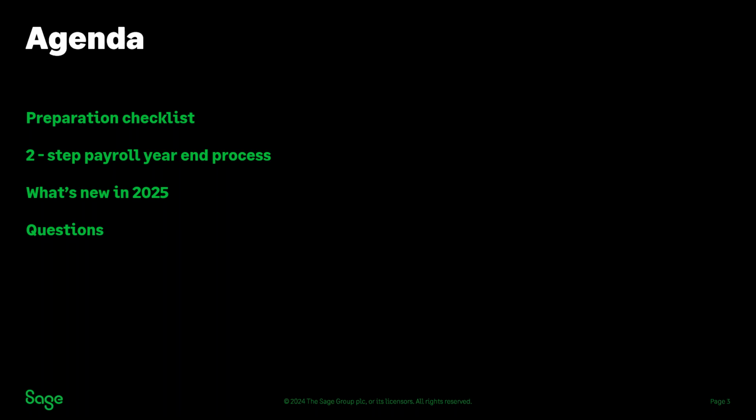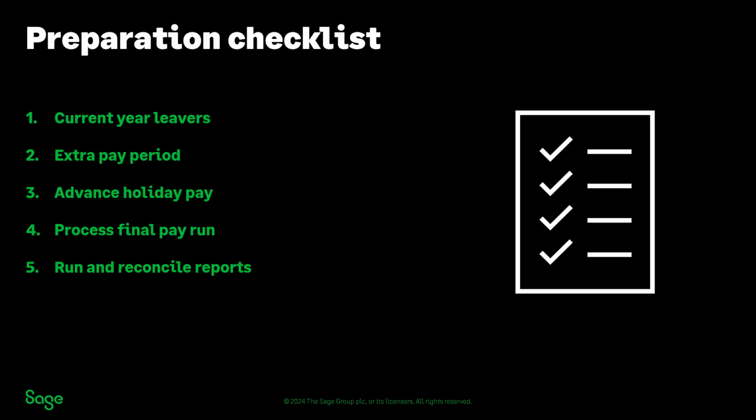We'll show you each step of the payroll year end process to ensure you complete this confidently and on time, and we'll help you get ready to process your first pay run of the new tax year and see what's new in 2025. Today's session includes a couple of videos that we've prepared to highlight areas of the software that we're looking at. We'll look at the first one of these now that shows preparing for your payroll year end.